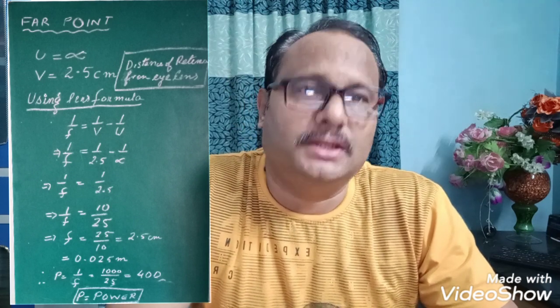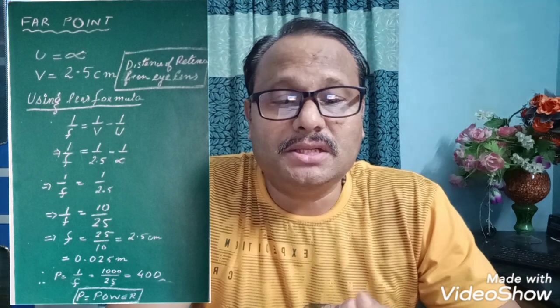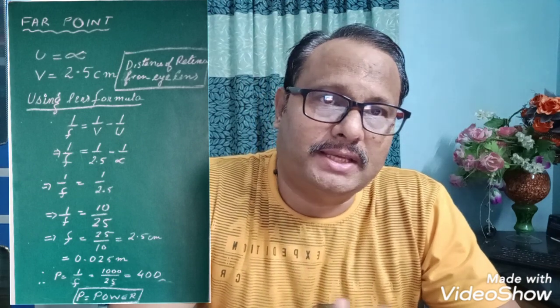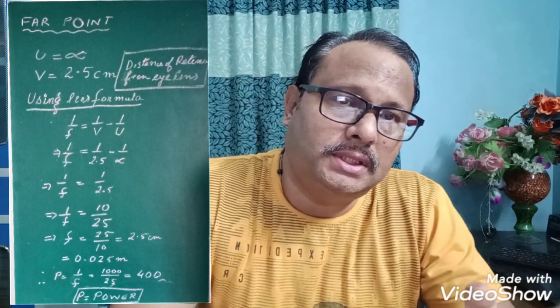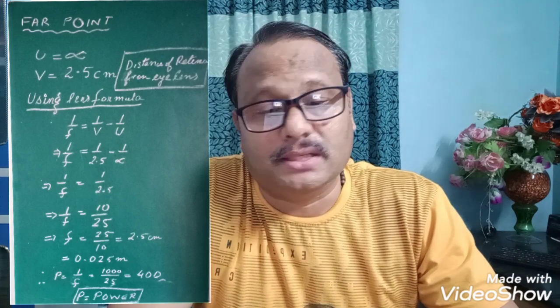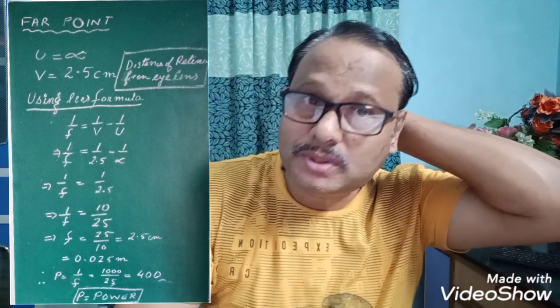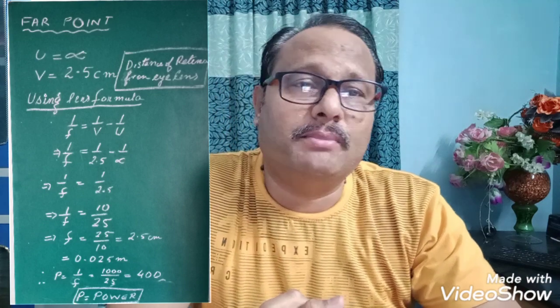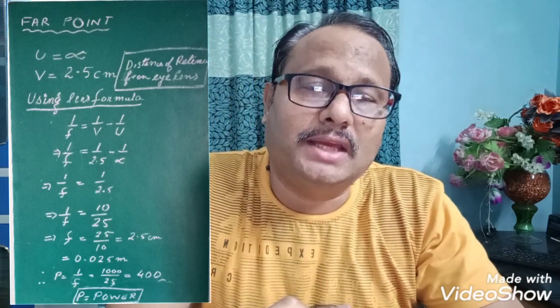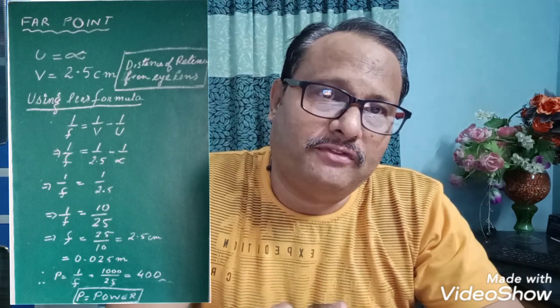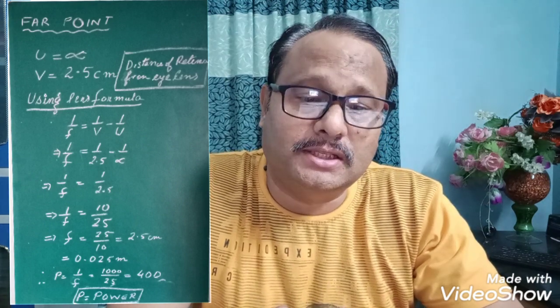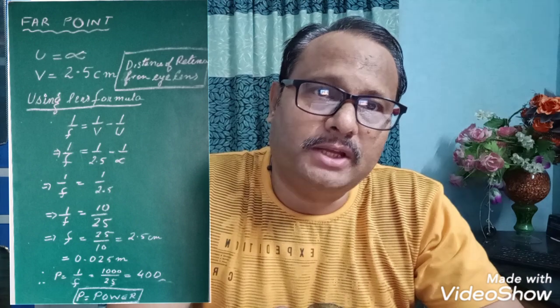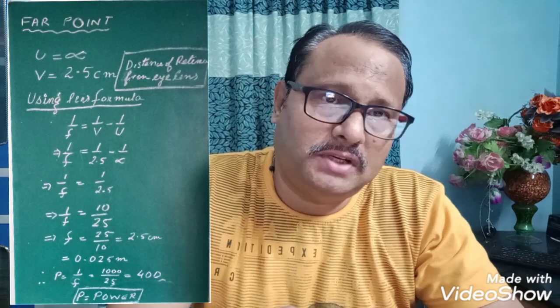For objects, u, the object distance, will be infinity. Image distance, again, will be 2.5 centimeter, as the distance from the eye lens to the retina is 2.5 centimeter. Using the lens formula, 1 by f is equal to 1 by v minus 1 by u, we get 1 divided by 2.5 minus 1 by infinity. That is 1 divided by 2.5, or 10 by 25.